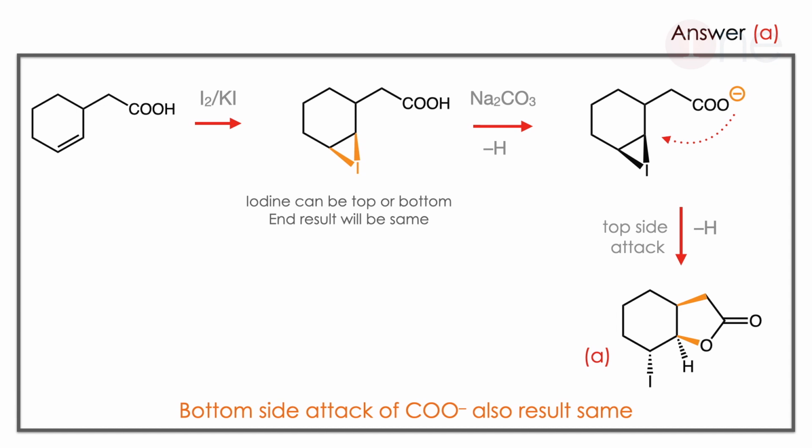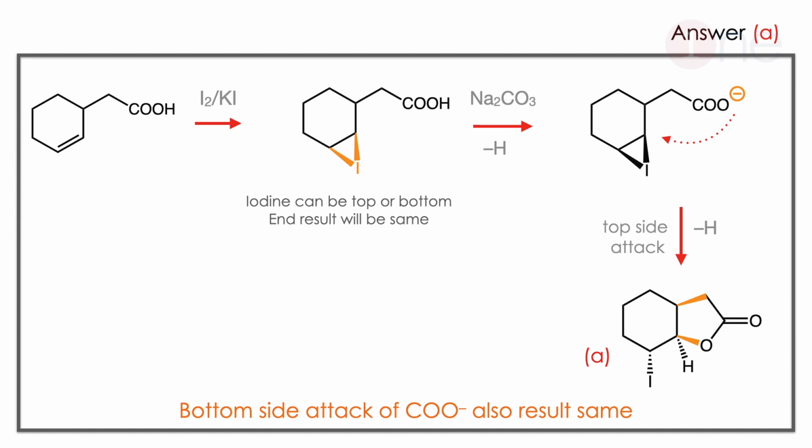Then you use the base, sodium carbonate, which will make COO minus, which is a nucleophile. So what happens is COO minus can attack from the back side of the iodine. It breaks the cyclopropyl bond, and cyclization happens. A kind of lactone formation will be there. Since it is a backside attack, oxygen will go below and iodine will go above. Why the backside attack?